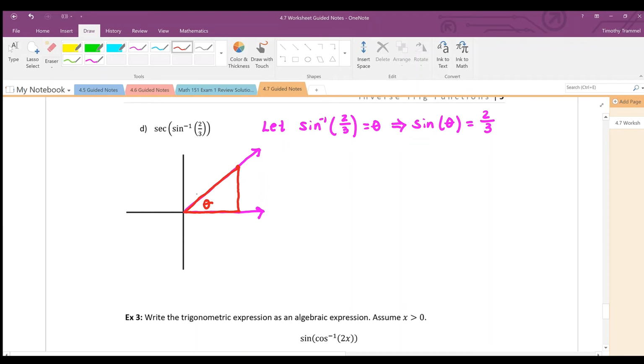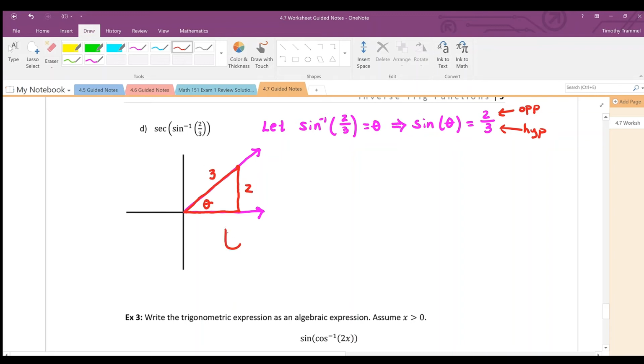Well, sine of theta is opposite over hypotenuse, right? So let's fill in these side lengths. The opposite side should be of length 2 while the hypotenuse is 3.